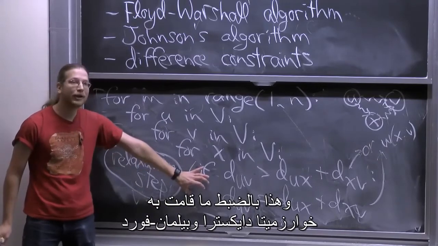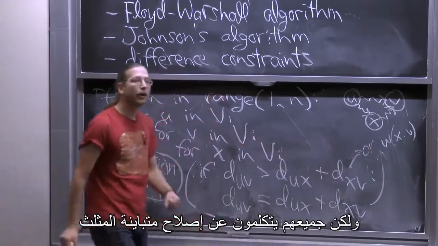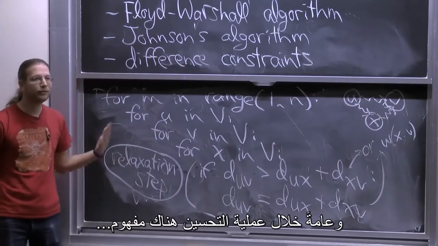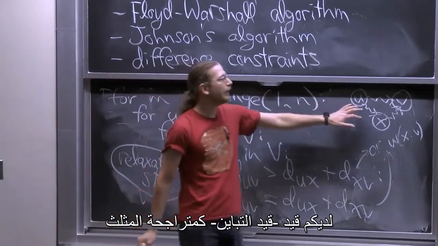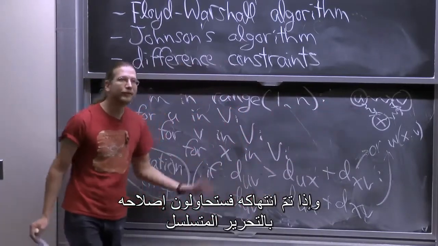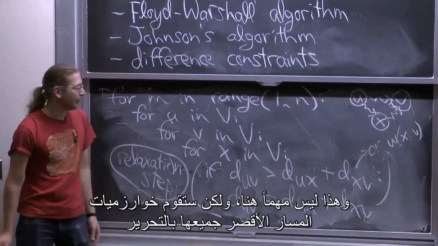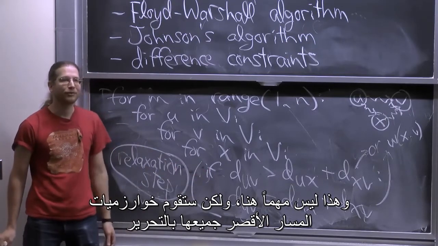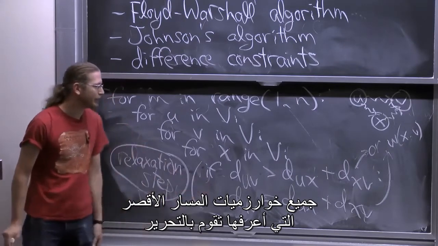And this is exactly what Dijkstra and Bellman-Ford did, maybe with w instead of d, but they're all about fixing the triangle inequality. And in general, in optimization, there's this notion of if you have an inequality constraint, like the triangle inequality, and it's violated, then you try to fix it by successive relaxations. So that's where the term comes from. It doesn't really matter here, but all of our shortest path algorithms are going to do relaxations. All the shortest path algorithms I know do relaxations.